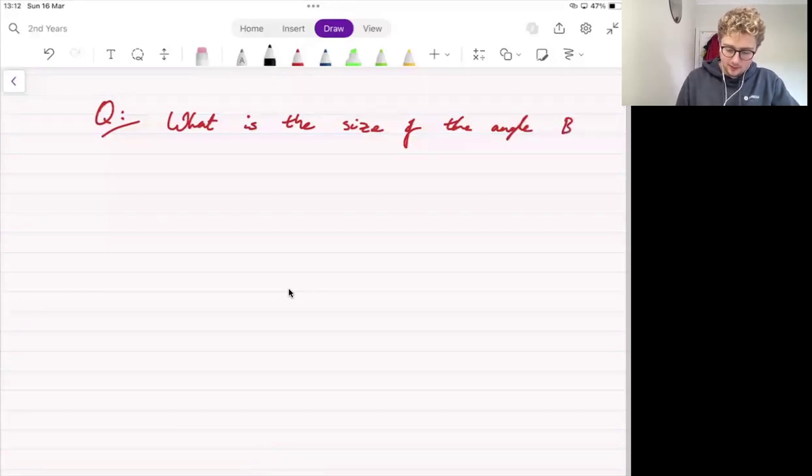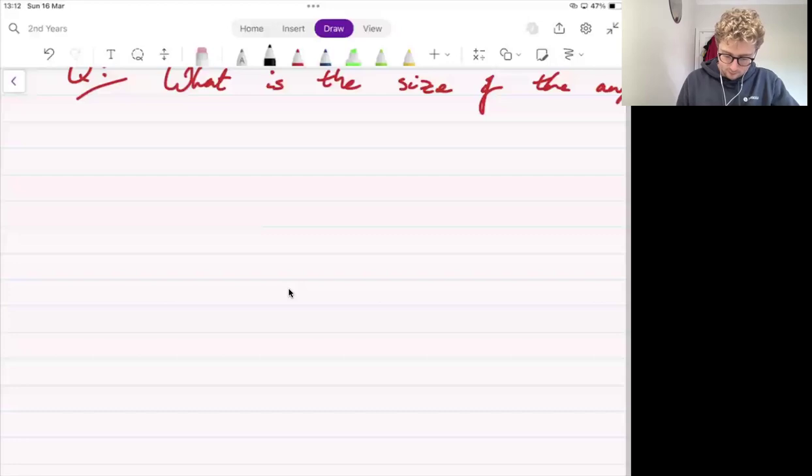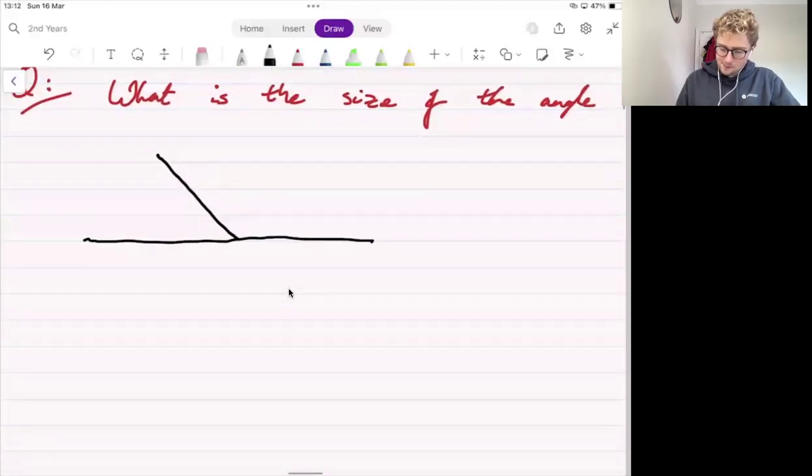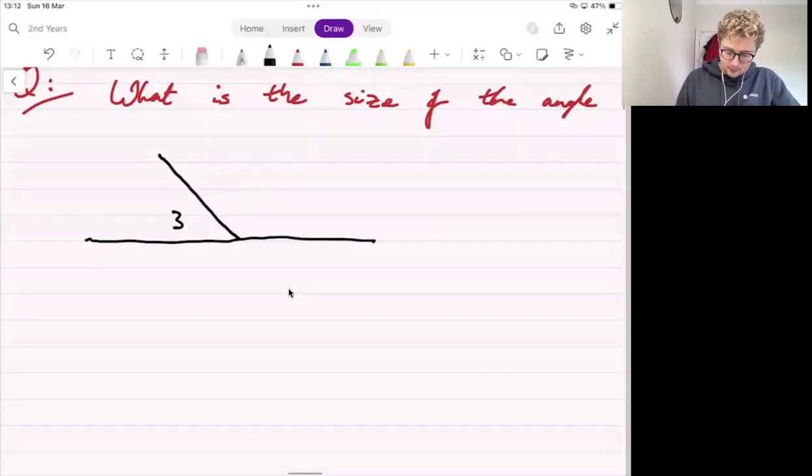Okay, so we have a straight line again. And this time, we're going to have an angle 3x, an angle x, and an angle 100.